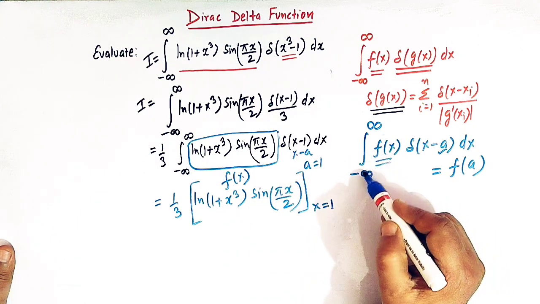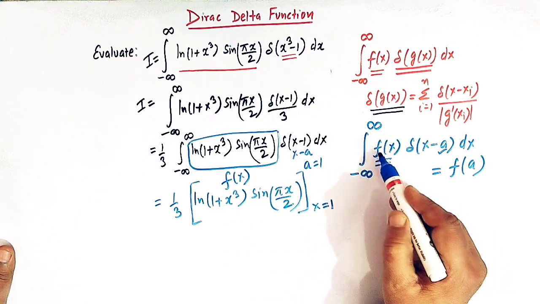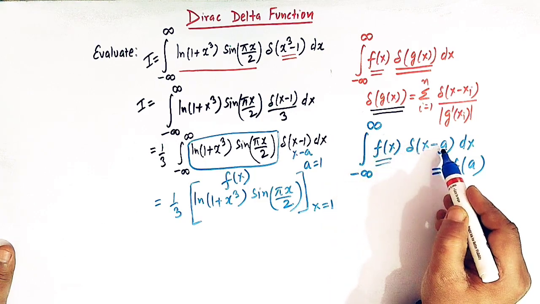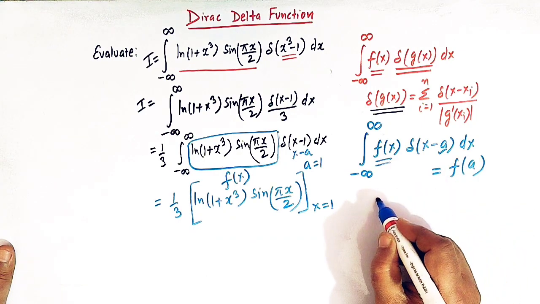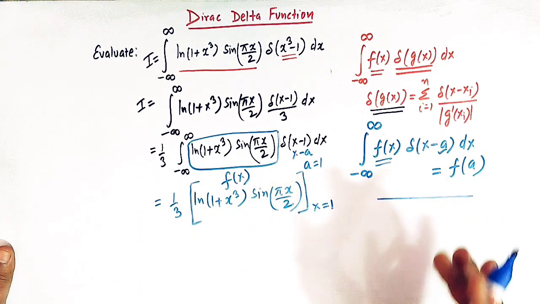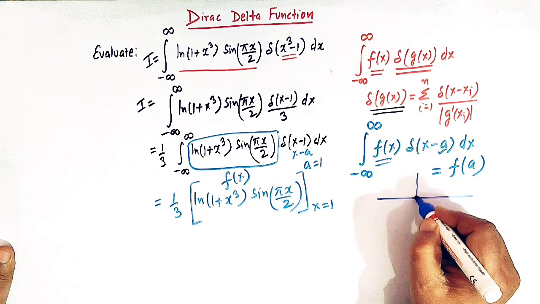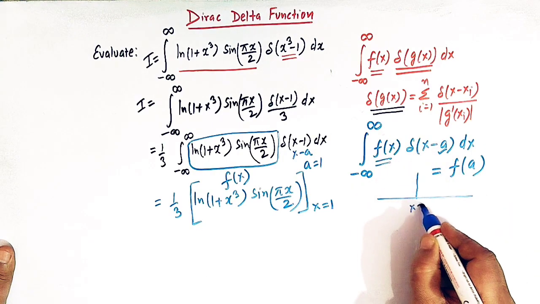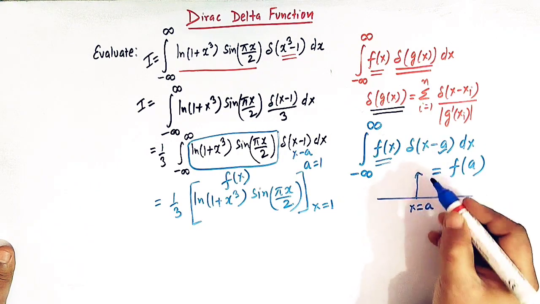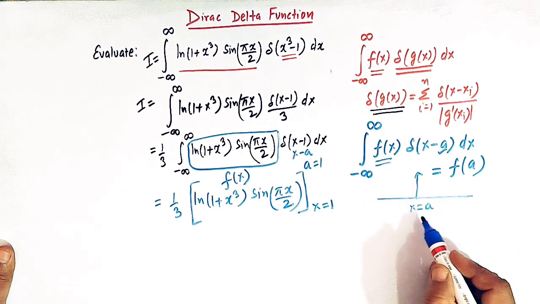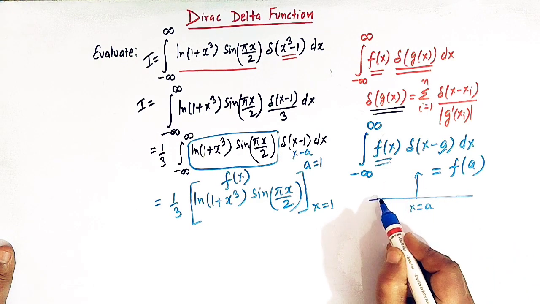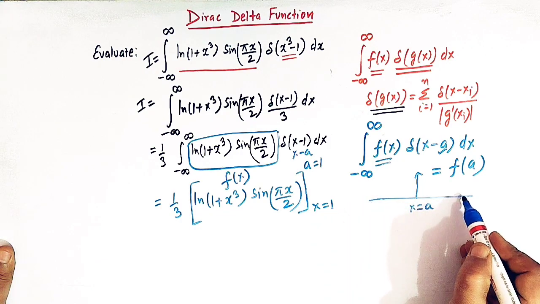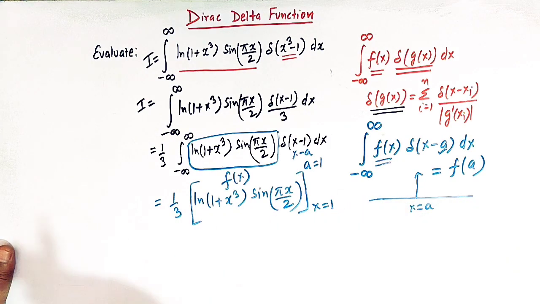Because the integral from minus infinity to infinity of f of x delta of x minus a is equal to f of a, because we know that the Dirac delta function has its spike only at the point x is equal to a, and at all other points the delta function is 0.